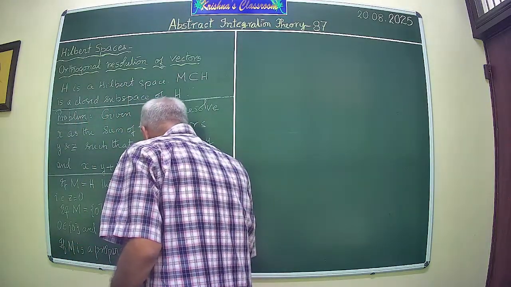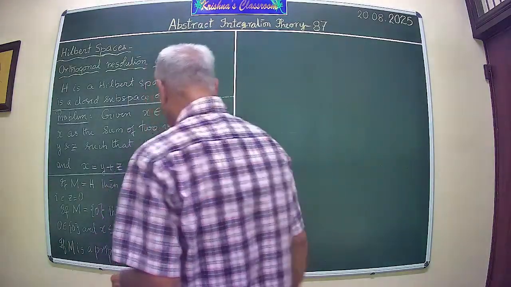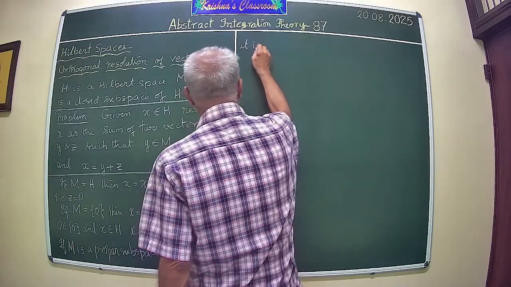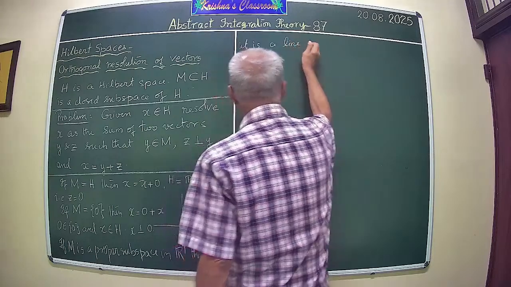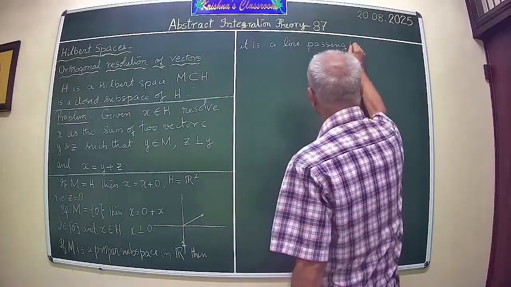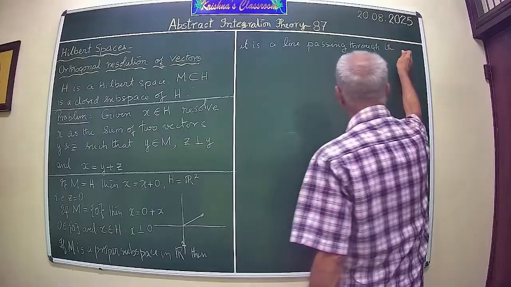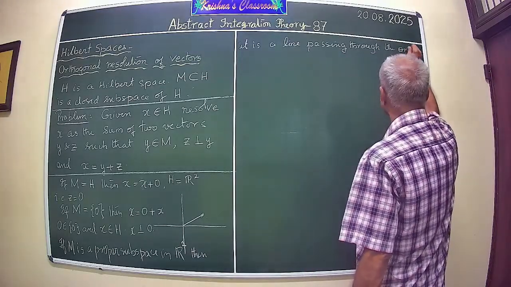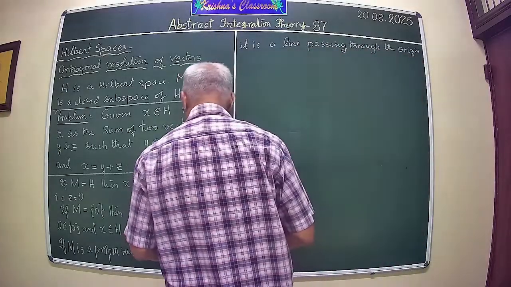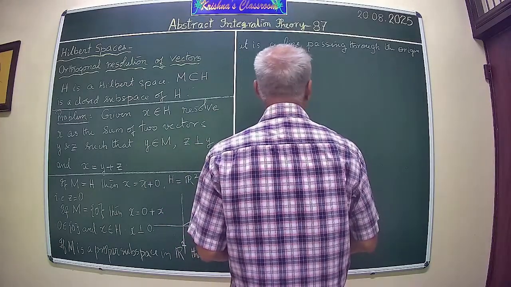Then in R², it is a line passing through the origin.